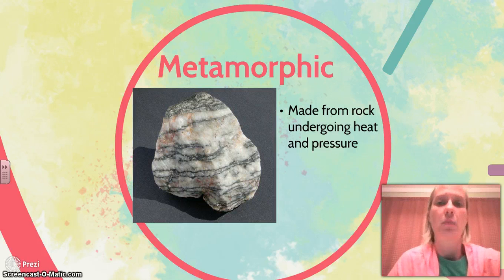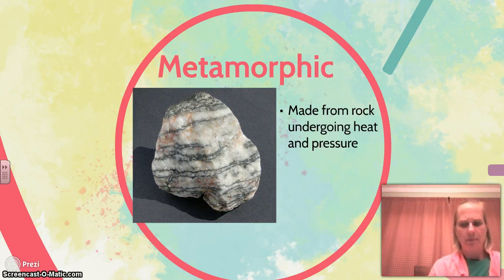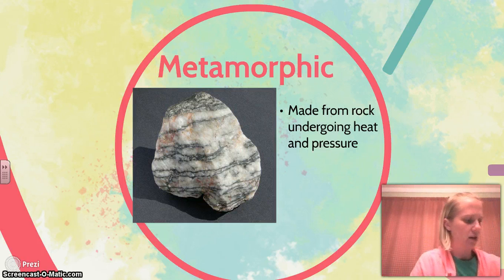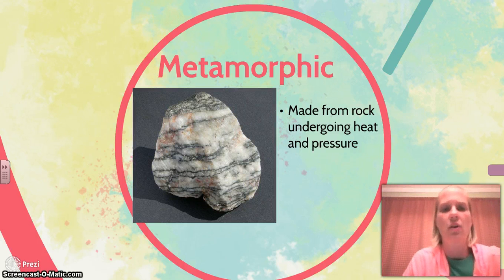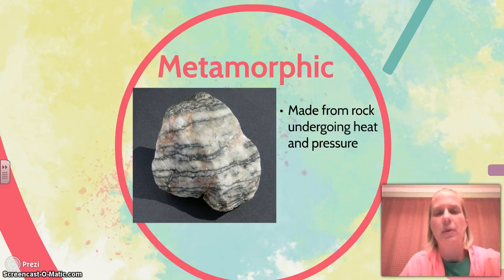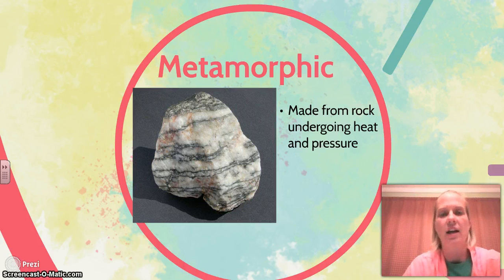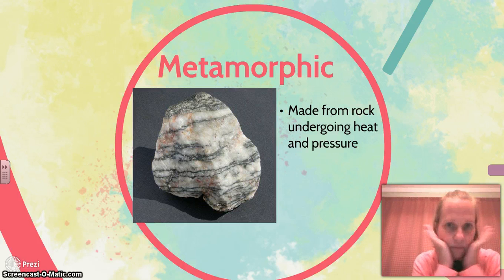Okay, so that's how we get to metamorphic. With metamorphic rocks, we've got thicker layers of rock. There are going to be some crystals in there. It's hard to see in this picture, but there are some crystals within that. In order to form a metamorphic rock, the rock has to undergo a lot of heat and pressure. Heat doesn't mean a little bit of warm.